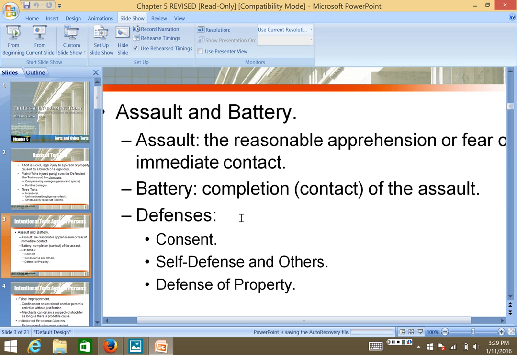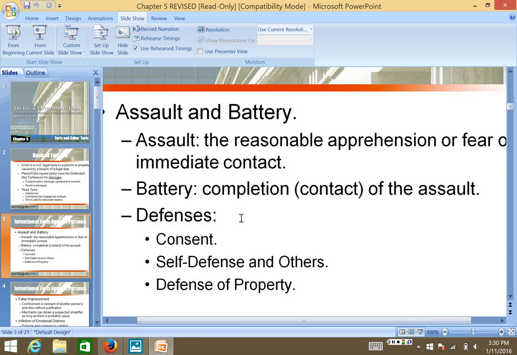Self-defense. Someone starts to attack you. Are you entitled to defend yourself? Of course you are. The law allows self-defense. It also allows the defense called defense of others, which is no more than self-defense.